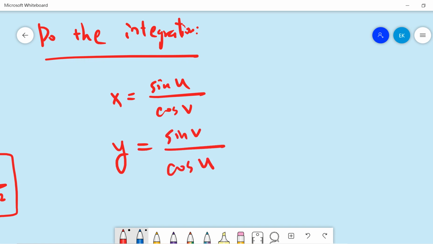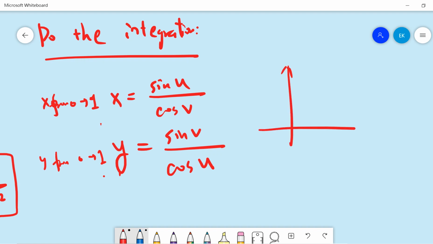Since x is from 0 to 1 and y is from 0 to 1, when x equals 1, sine u should equal... u should be pi over 2, right? And the cosine should be 0, so v should be 0, right?